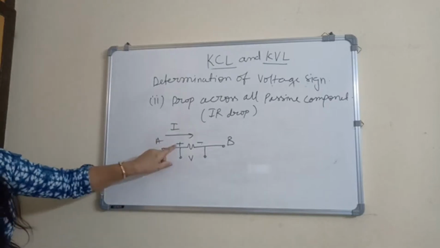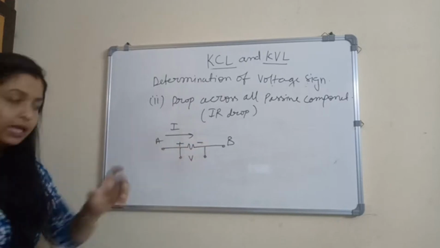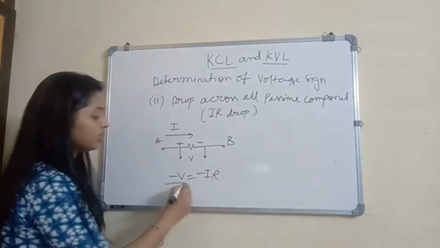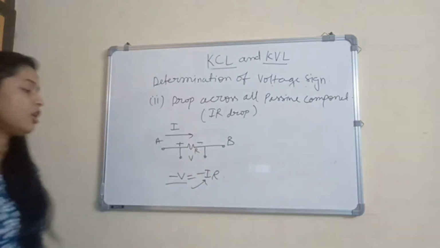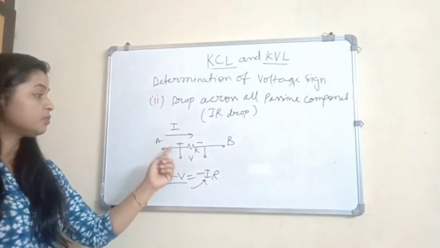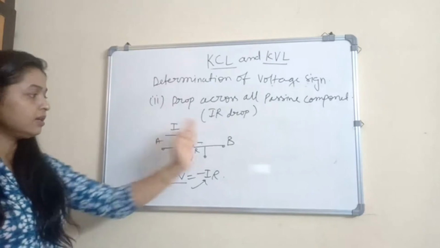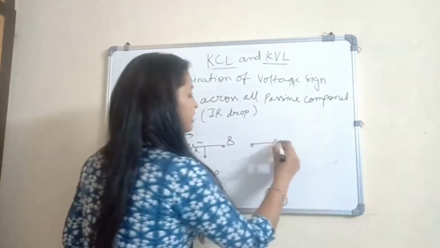Why? Because current is moving from plus to minus. So this V must be negative. So minus V is equal to minus IR. Here the voltage value is IR, let's take this as R. So how much voltage across this R? Minus IR, just because the current is entering at plus and leaving from minus. So this is negative.